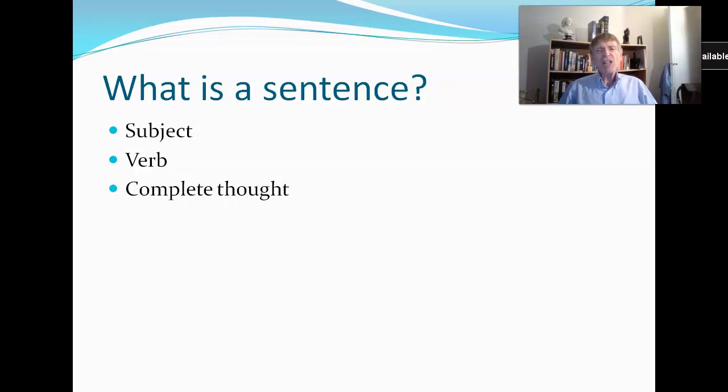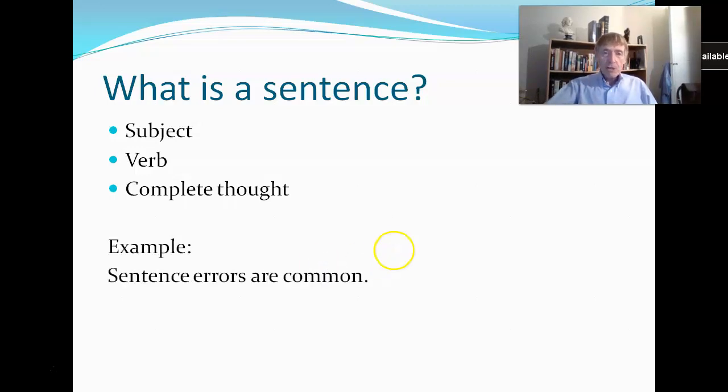It simply means that it can stand by itself as a logical and complete unit. So those are the 3 elements, and there's an example of a very short but correct sentence. The subject being sentence errors, the verb being are, which is a linking verb, and common is the complement to the linking verb.